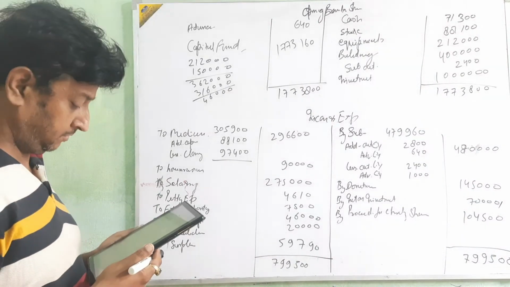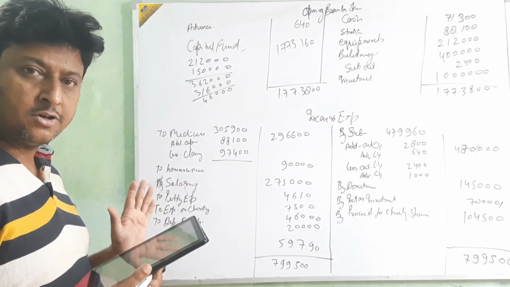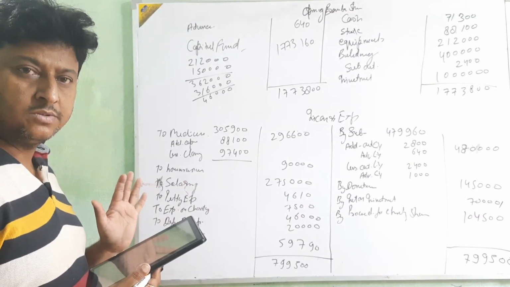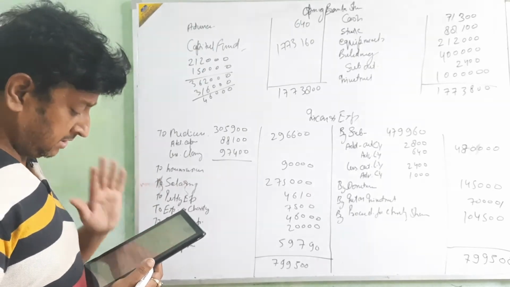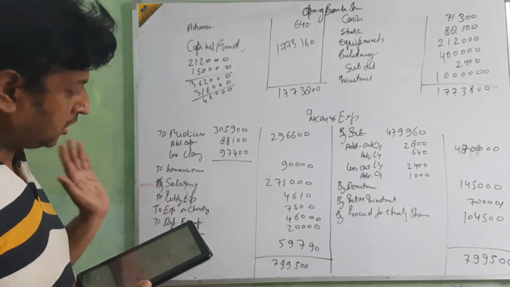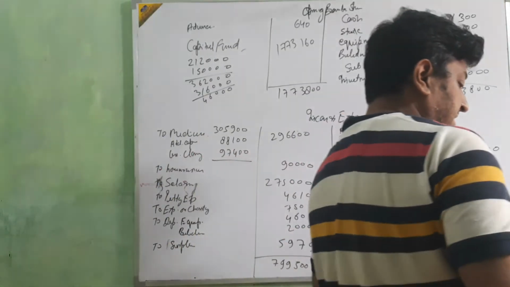Okay beta, did it come clear or not? How did it come? Just take the difference. Now I am going to make the balance sheet.